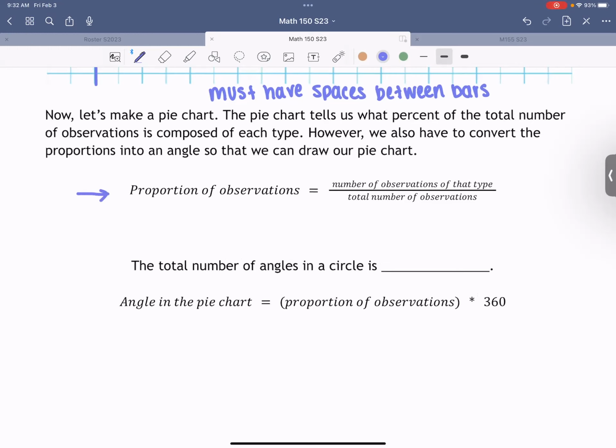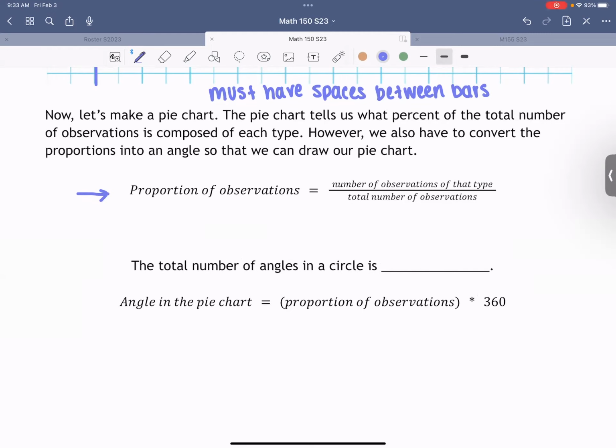Let's just talk about the proportion of observations, for example, before we do this. Whenever we talk about some sort of chart and we're looking at the frequency that things happen, we can also think about not just the frequency, but the proportion of times it happens. So maybe the percentage of times you see MasterCard, or the percentage of times you see Visa and things like that. Now, we get that by dividing what we're interested in by the total, right?